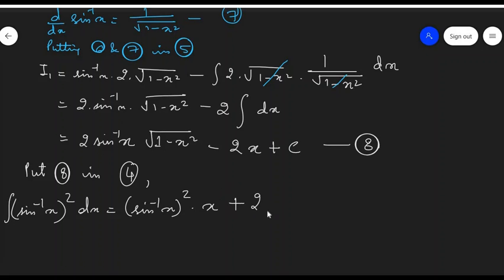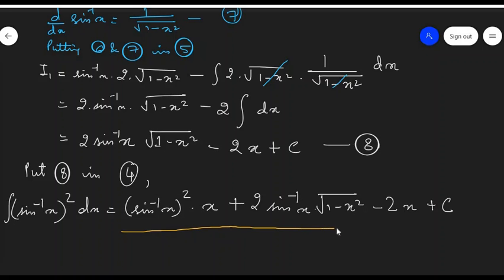So I1 is 2 sine inverse x into square root of 1 minus x square minus 2x plus c, and this is the final answer. That is, integration of sine inverse x whole square dx is sine inverse x whole square into x minus 2 into sine inverse x into square root of 1 minus x square minus 2x plus c.